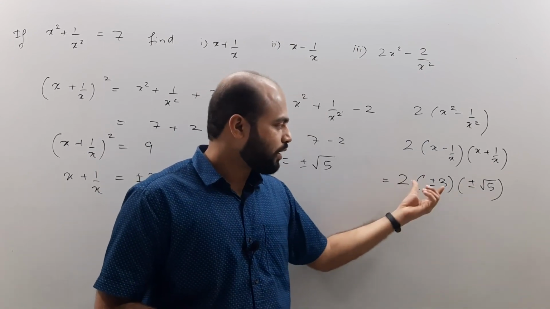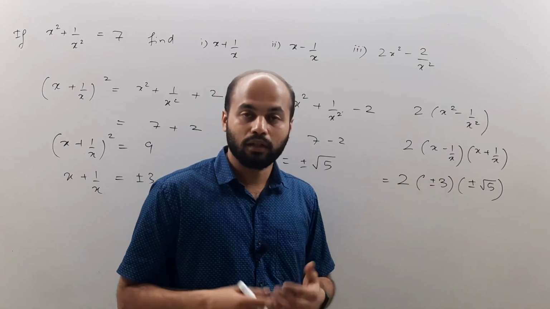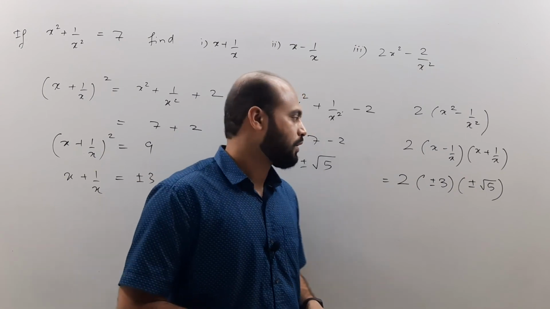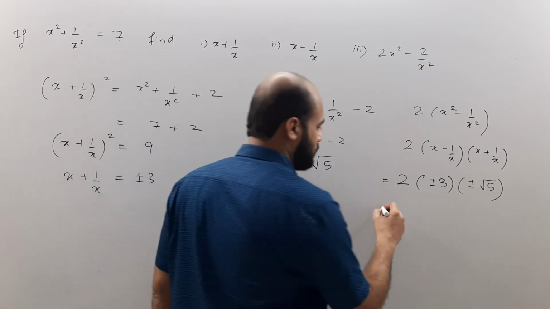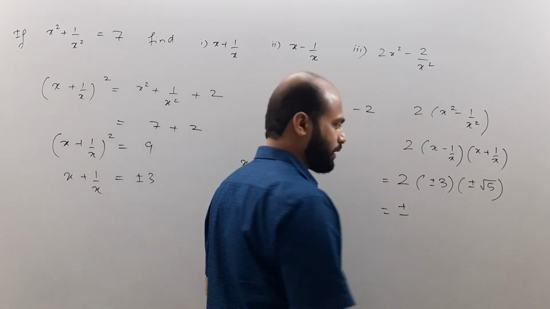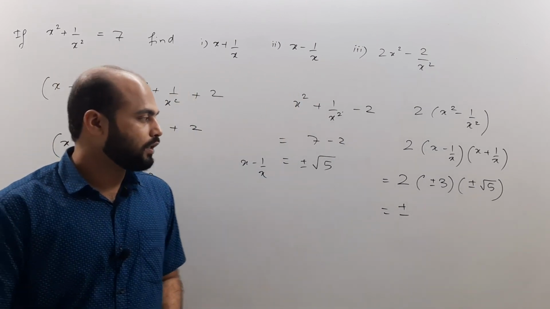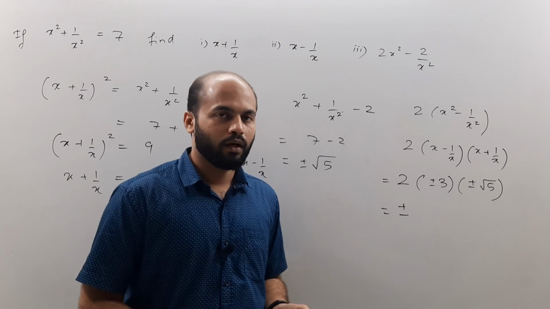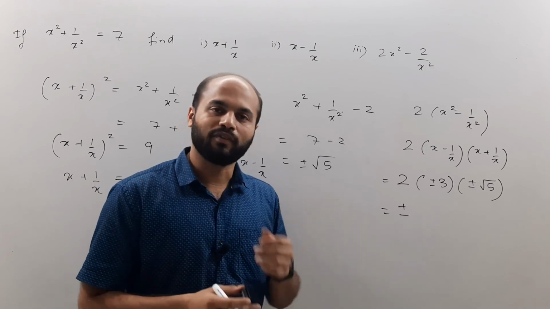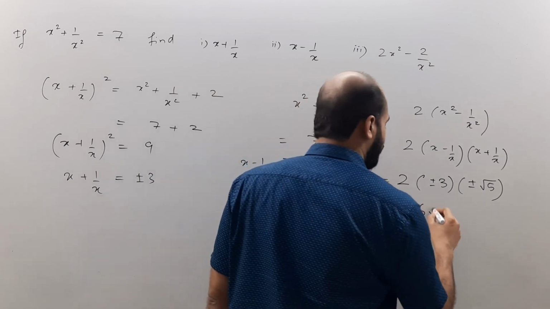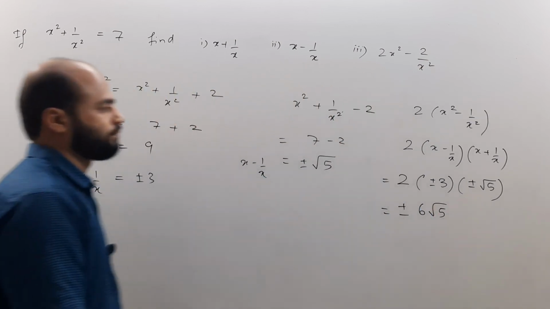If I choose plus and plus, the third combination, and minus and minus can be the fourth combination. So 4 combinations can be possible, but finally you will get 2 values. Plus minus 6 root 5 is the answer to this question.